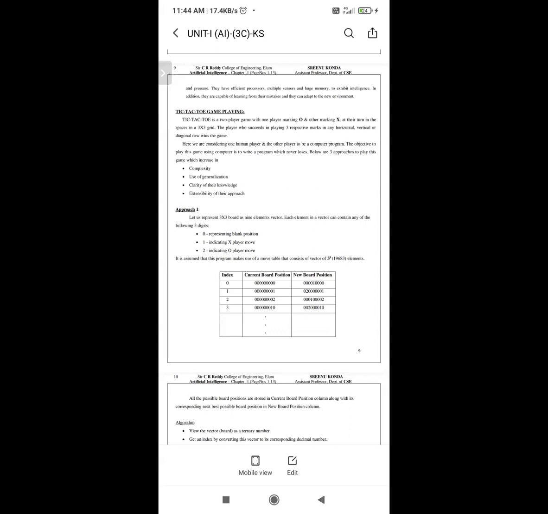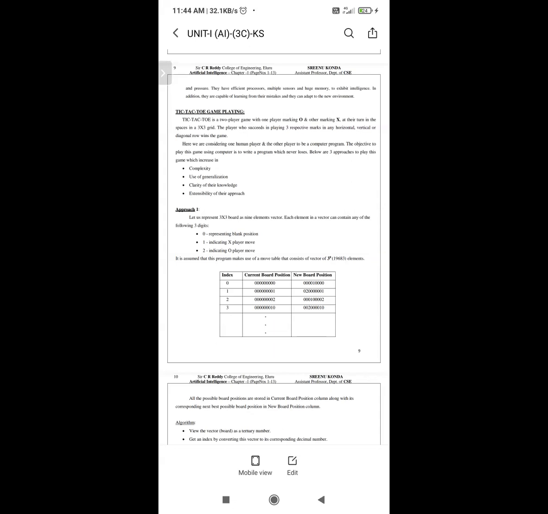Next, index 1 represents that the current board position is all zeros except the first element, 1. Then the other player is going to make a move at the 8th position.